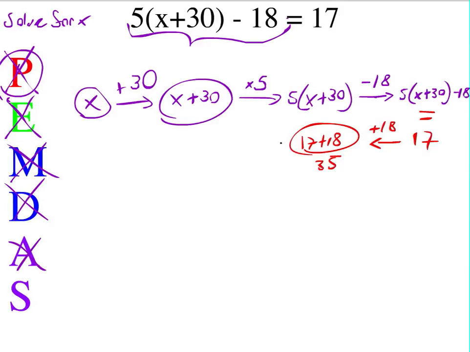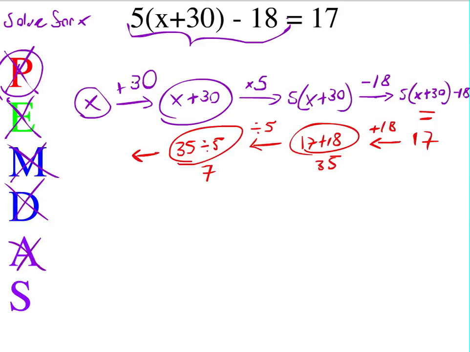Again, we're going to draw an arrow. Notice that the operation above, we multiplied by 5. This time we're going to divide by 5, which is the inverse. And so since we had 35 divided by 5, this comes out to be 7. So we're well on our way to undo the operation here.